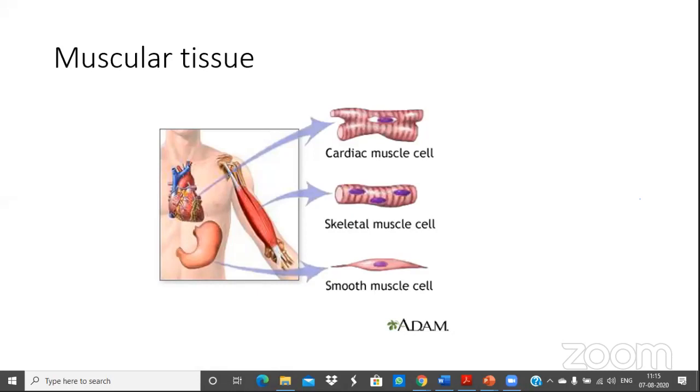They are very similar to the skeletal muscle, but there is one other property, the intercalated disc. That is not present in the skeletal muscle, but it is present in this cardiac muscle, because of the cardiac function.